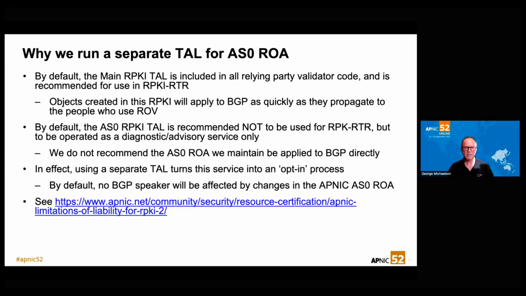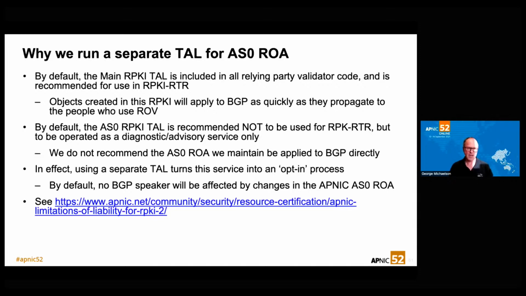So originally, when this proposal came up, there was a possibility that we would do this inside our main RPKI. And we did a risk analysis and noted changes we made to AS0 would become immediately applicable to BGP.